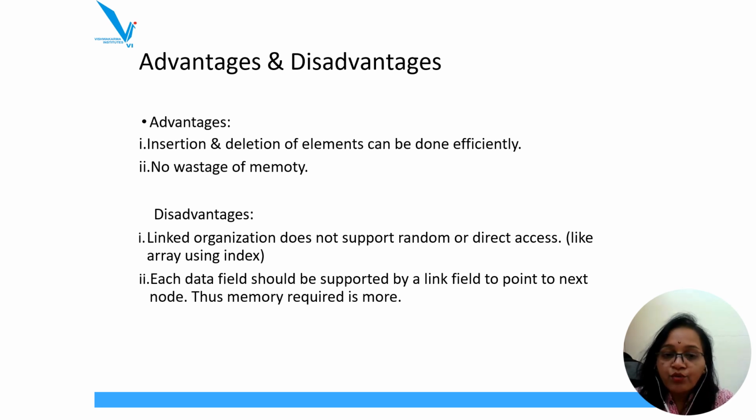But here you have to store the element and the link field also. The link field means your pointer field, which contains the address of the next element. So to store every element, you have to store its associated link also. So the memory required will be more in this case. So these are the advantages and disadvantages of a linked list with respect to an array.